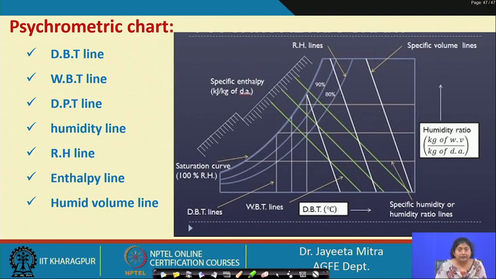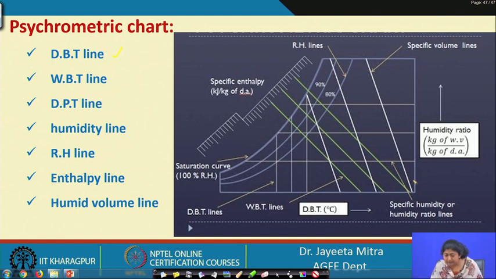For example, if we know the dry bulb temperature and any other condition, for example, the relative humidity, then all other conditions we can calculate. So, here we can see that the slanting lines, the green slanting lines, are the wet bulb lines.